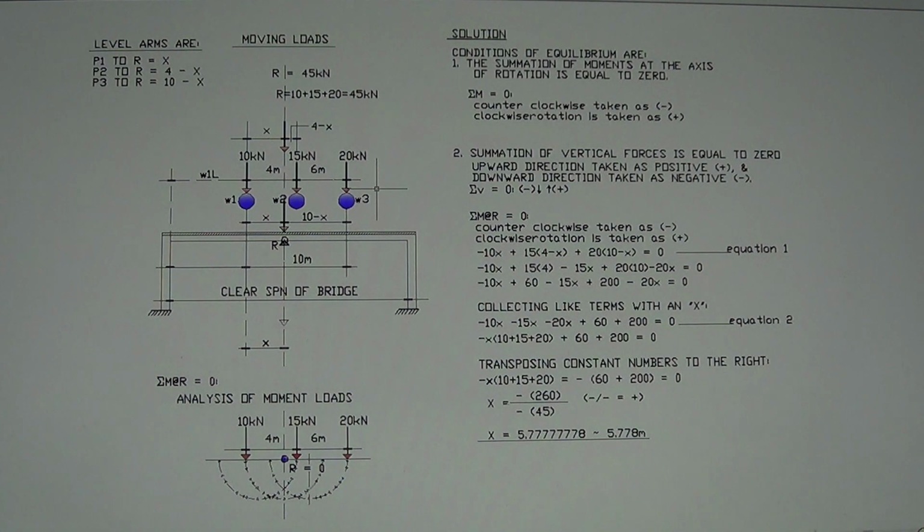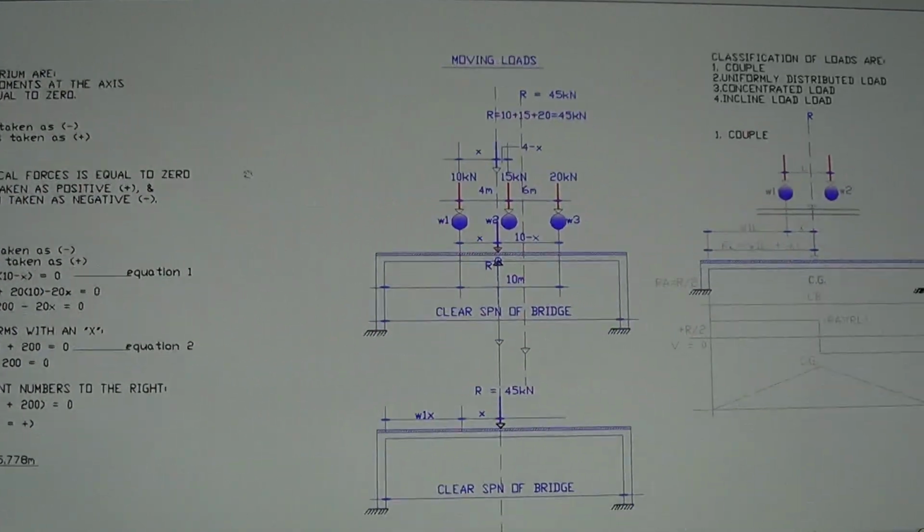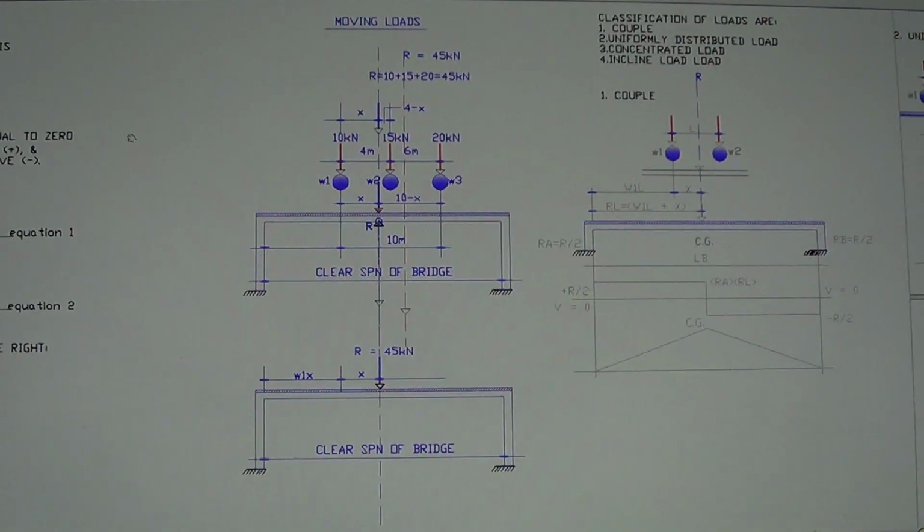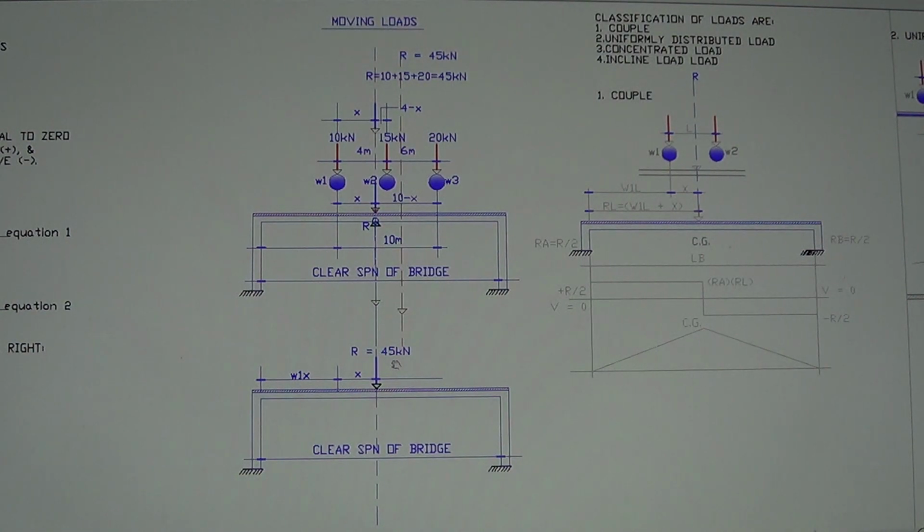As I said before, in this classification of loads, you don't need to solve the shear and reactions for all 3 wheels. You only need one wheel, the resultant force applied to the bridge. Now here's the application of the resultant force.